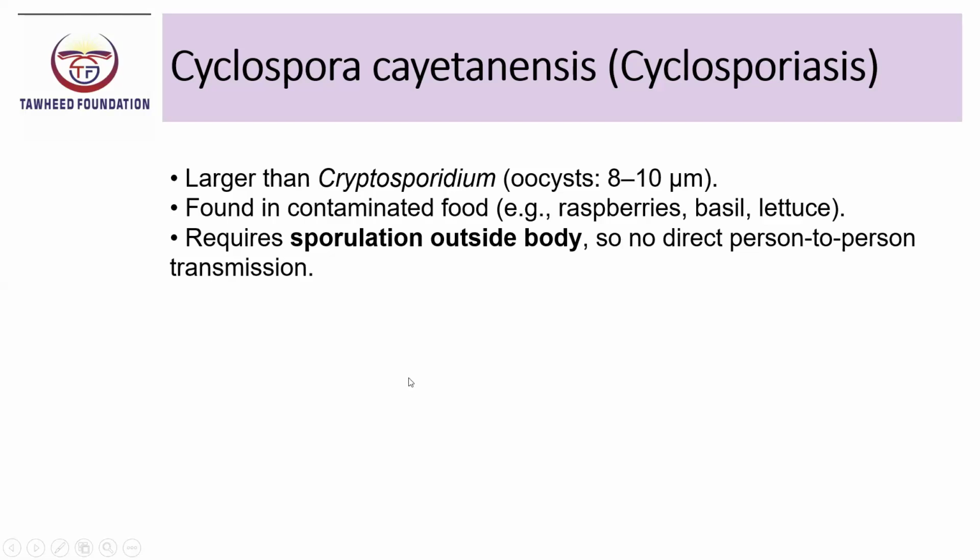Asymptomatic carriage of the organism has been found, but travelers who harbor the organism almost always have diarrhea. Outbreaks of cyclosporiasis have been linked with contaminated food and water. Implicated foods include raspberries, lettuce, basil, snow peas, and other fresh food items.